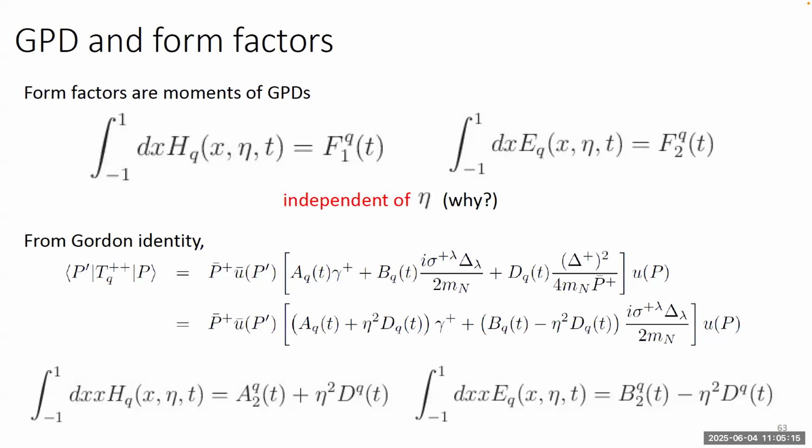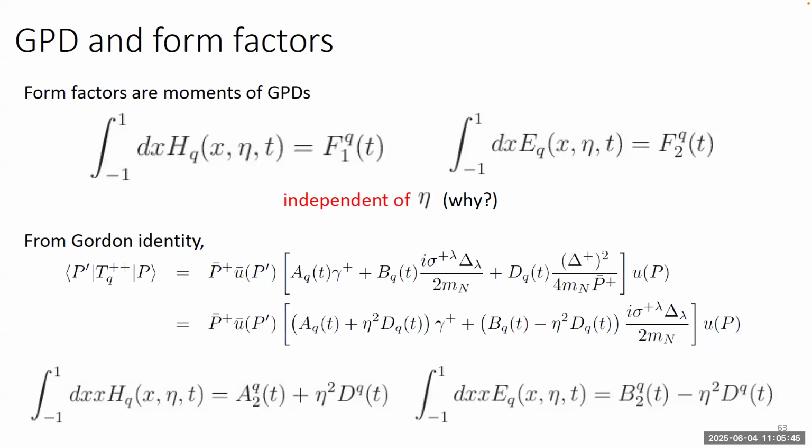All right, so here's one slide about the connection between GPDs and the form factors. The electromagnetic form factors that I showed you, F1 and F2, are just the first moments of the GPD H and GPD E. Now, one caveat here is that a GPD is a function of x, skewness and t, but if you take the moment in x, the skewness dependence disappears.